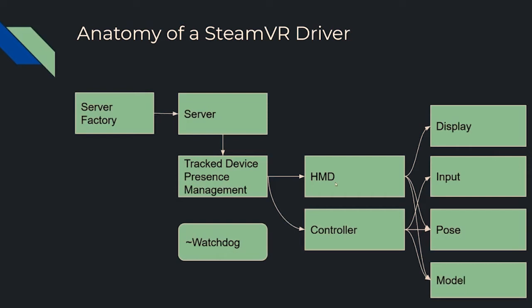That controller or HMD are what SteamVR refers to as tracked devices, and they can supply various things like the ability to output rendered pixels of a scene, provide input such as buttons, button presses, triggers, or skeletal pose information, which is also considered input by Steam.